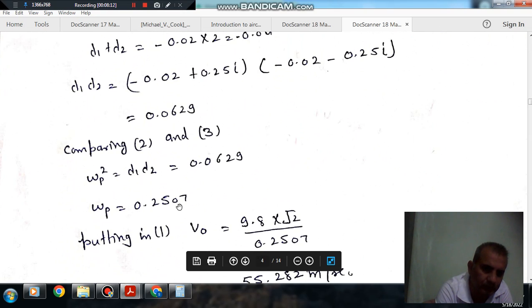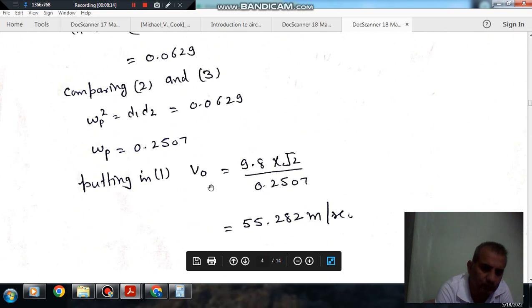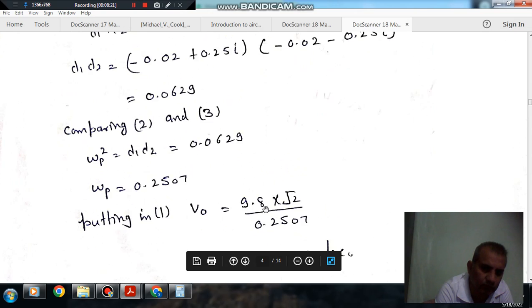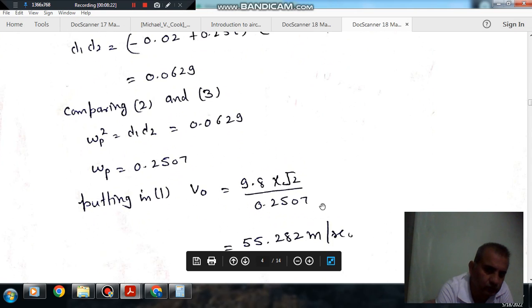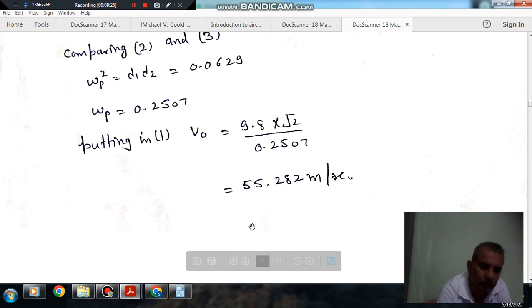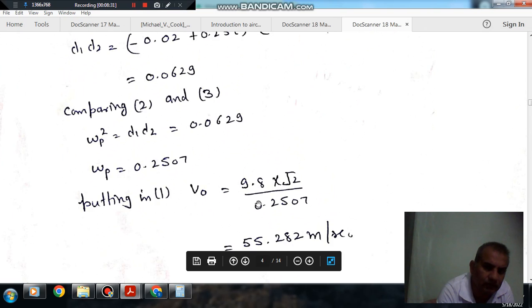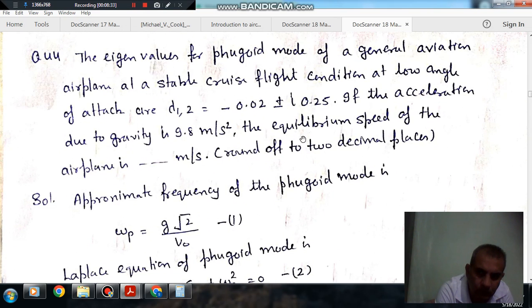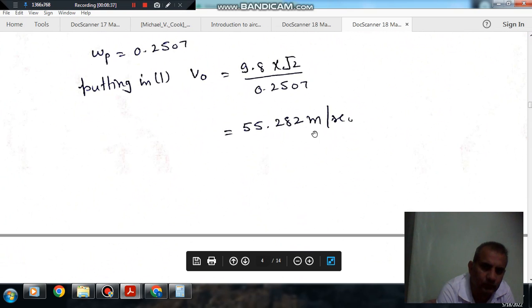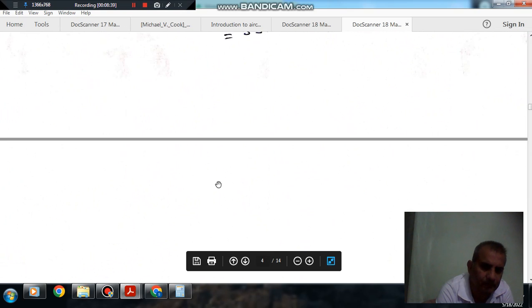So omega p is 0.2507, and V naught is 9.8 into root 2 divided by 0.2507. The equilibrium speed comes out as 55.282 meter per second.